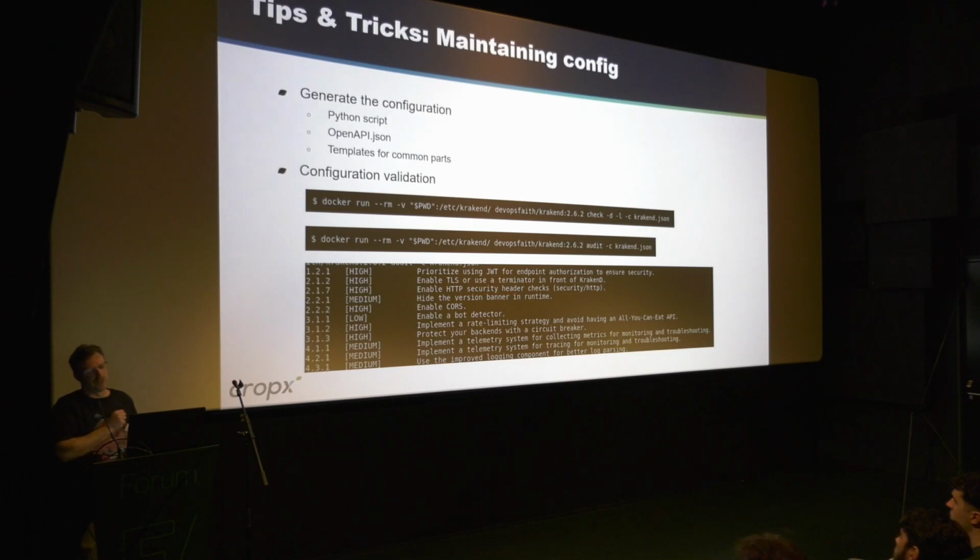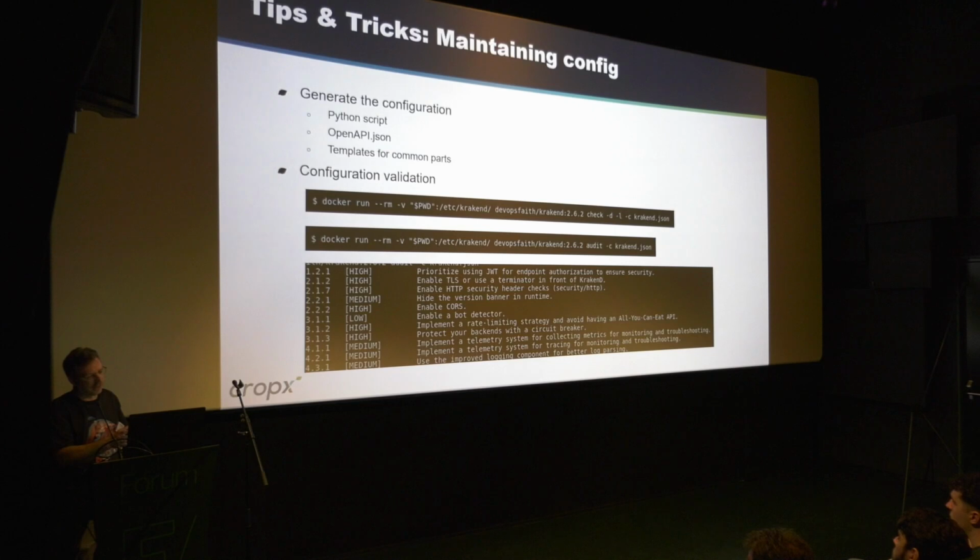And for Django, you have a management command called show URLs, and you can also use the output of that to create a script. This gives you more flexibility, and if you add new endpoints, you just run the script again and they are added.